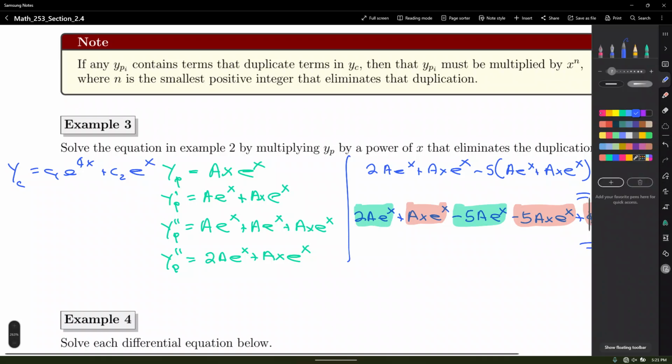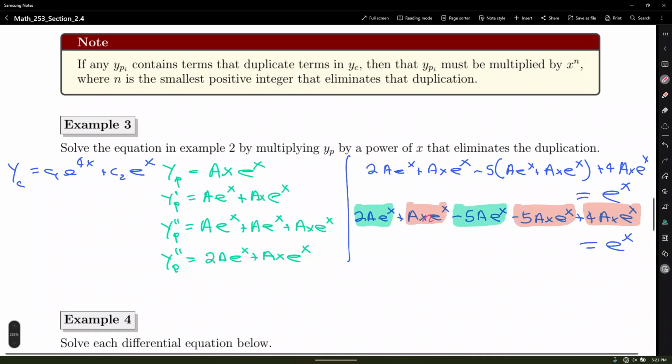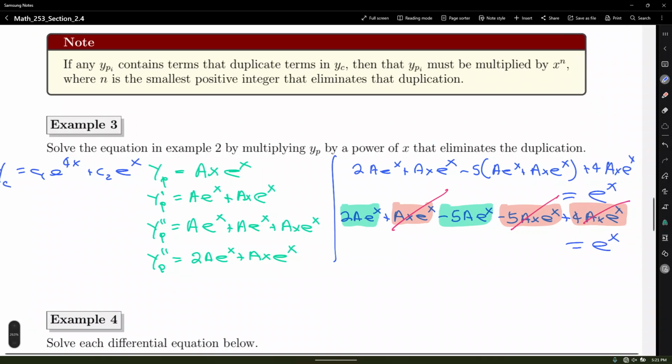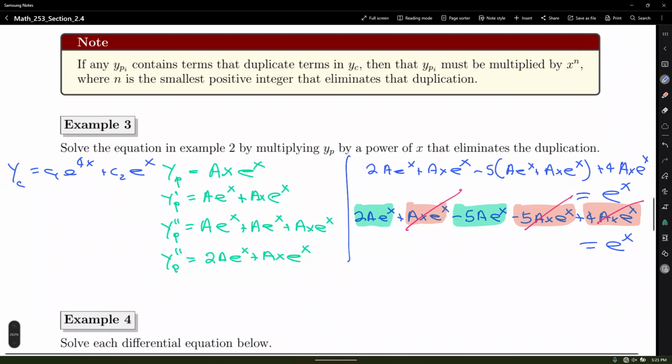Do you guys agree that ax plus 4ax adds up to 5ax? Minus 5ax, actually all of this goes away, and we're just left with 2a minus 5a. So that's 2 minus 5, which is equal to negative 3ae^x.